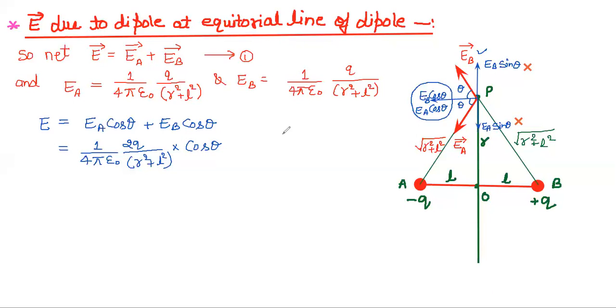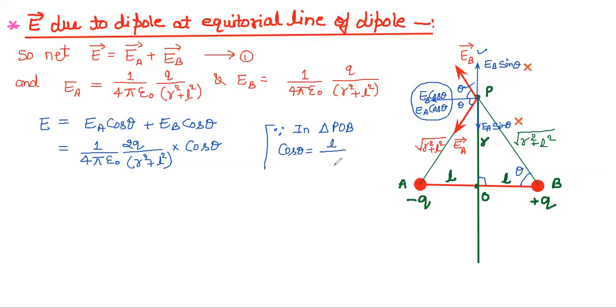Okay. Now in the triangle, if this angle is theta here, it will also be theta by corresponding angle. If this is theta, then in triangle POB, cos theta is equal to base upon hypotenuse.